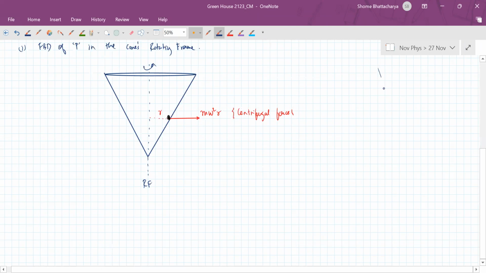Now that is where our geometry concept will come in, that this particle is lying at a position where this vertical height is half the total vertical height of the cone. So r by capital R you can see is h by 2 divided by h. So that will make it 6 meters.